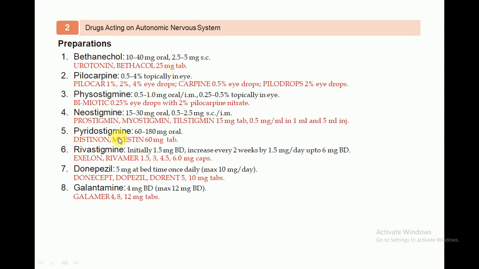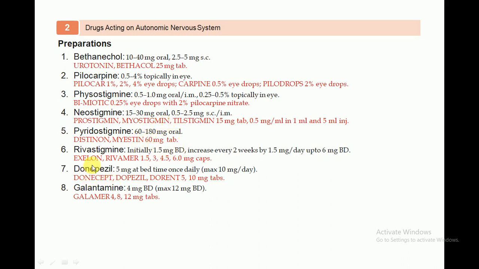The fifth one is pyridostigmine, which is available at 60 to 180 milligram orally, and under brand names such as Mestinon, also orally at a dose of 60 milligram.